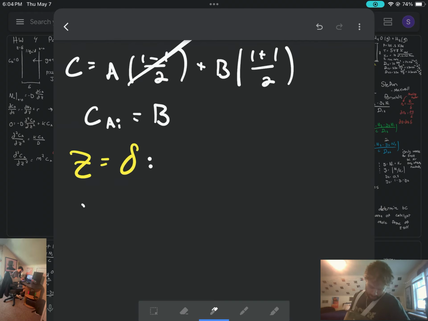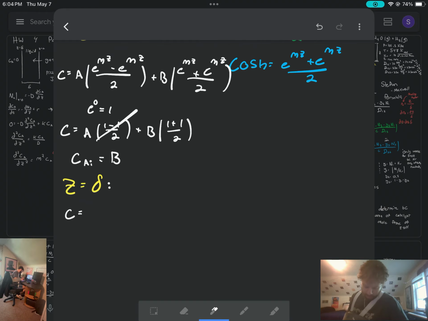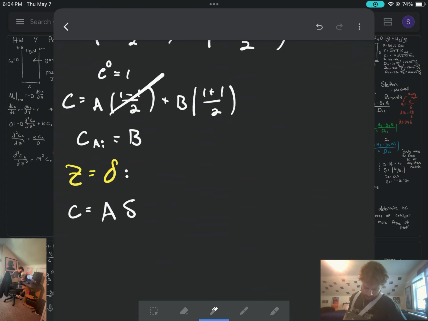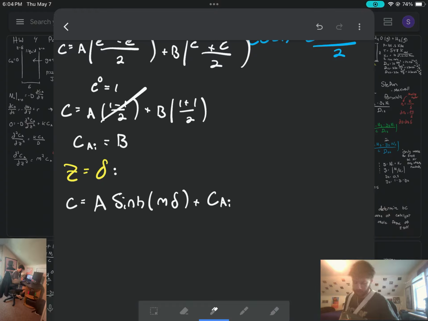Say concentration equals our constant A times sinh of m delta, plus B, which we said is the same thing as the concentration at our interface, times cosh of m delta.